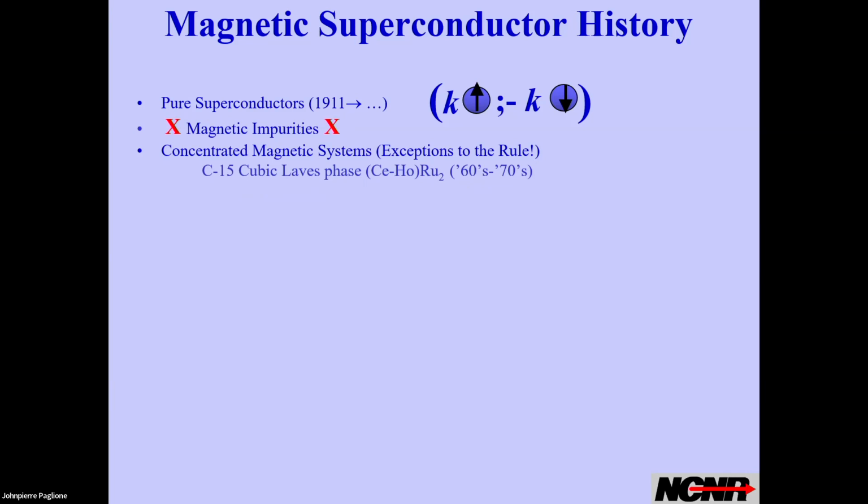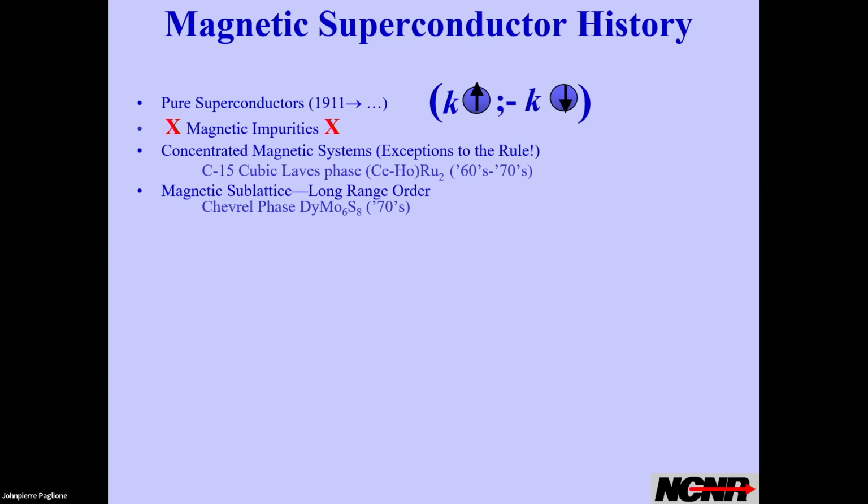The first one was back in the 1960s, which was the cerium-ruthenium-2, and you can put the heavy rare earths in up to 25–30% without killing off the superconductivity. Then shortly after that, there were Chevrel phase systems, and this is a very interesting system. You have dysprosium, and it's surrounded by sulfur, and then the moly sublattice is almost separate.